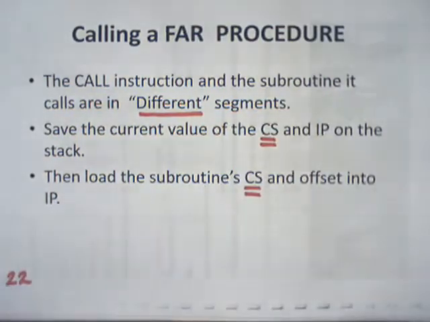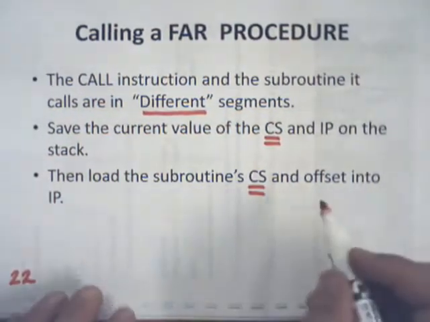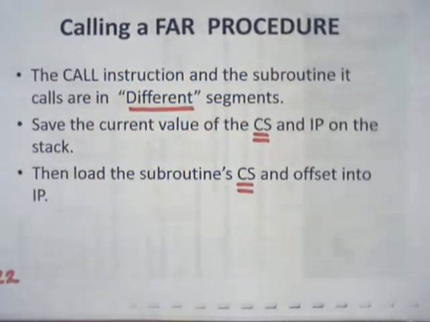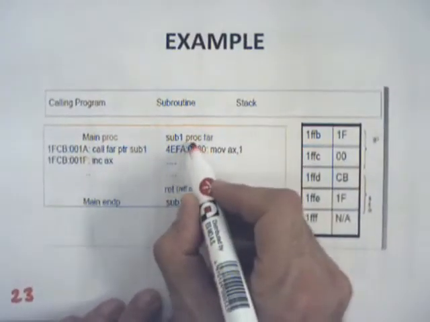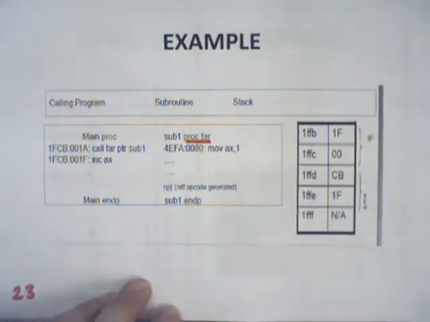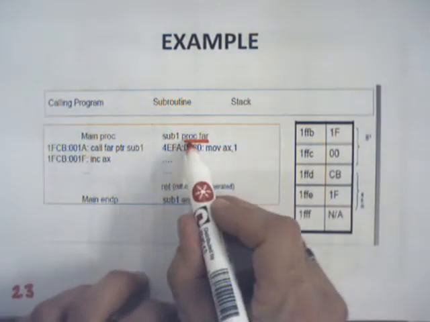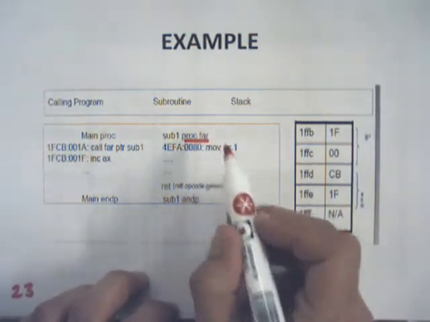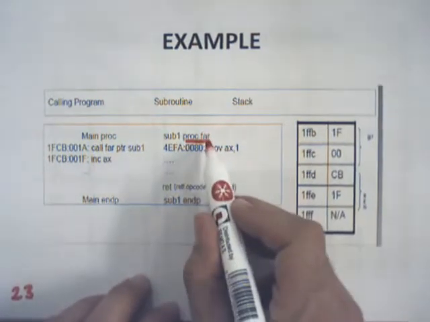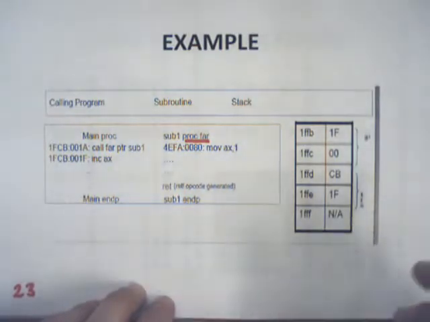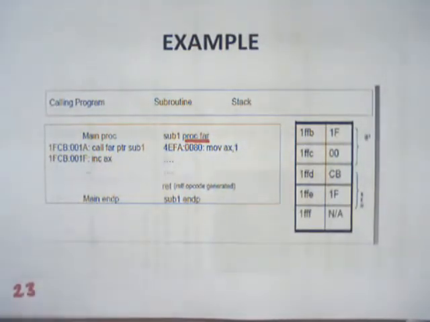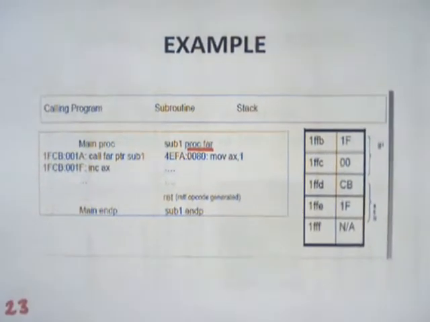So in the return, the code segment value is popped back from the stack. So in writing, the word far is added. In this case, the code segment and other related segment information are also stored.